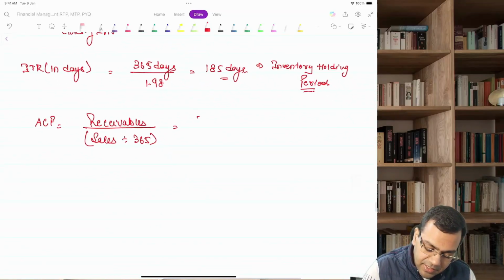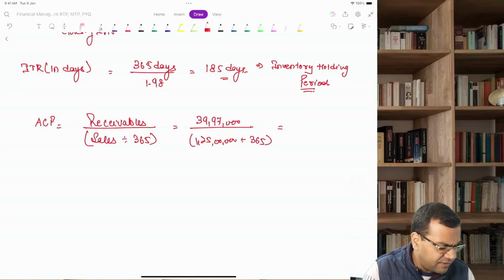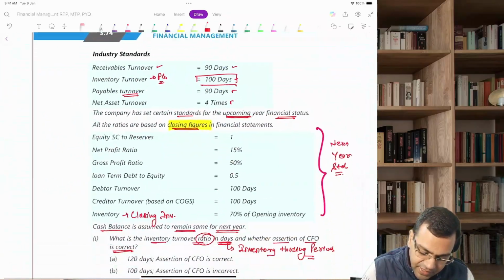Correct, sir. 39 lakh 97,000 divided by sales, which are given as 1 crore 25 lakhs, divided by 365 days. So this will give you roughly 117 days.